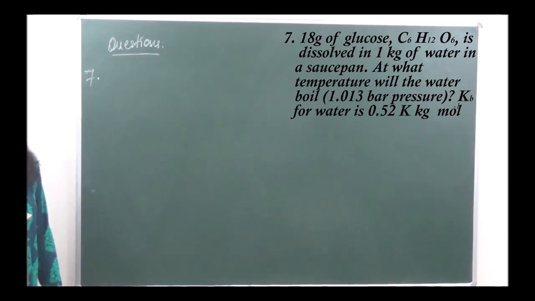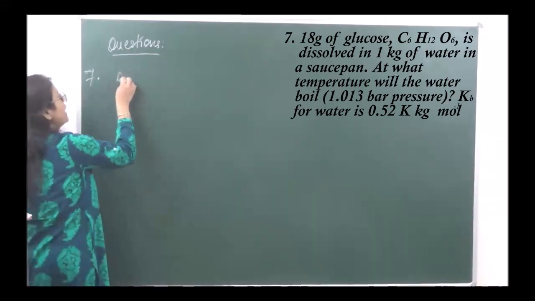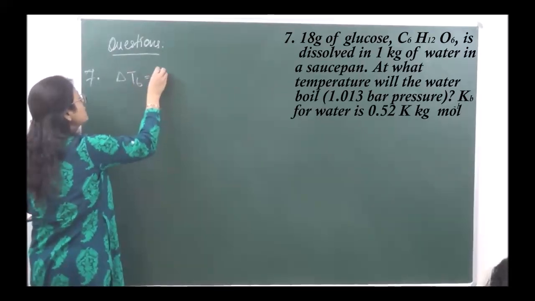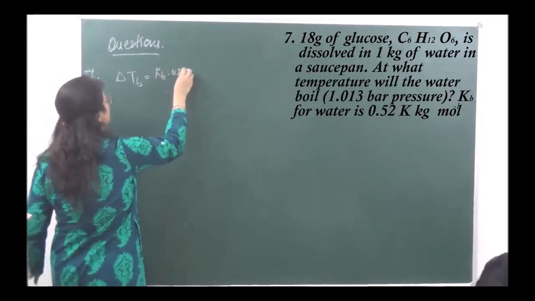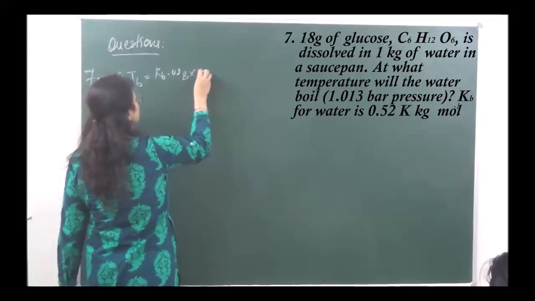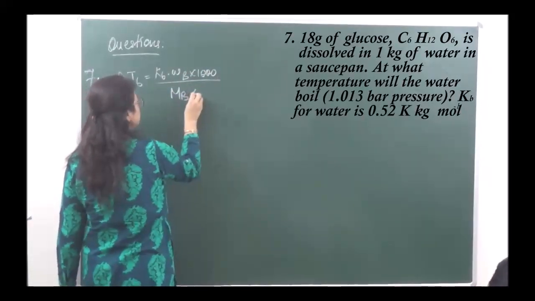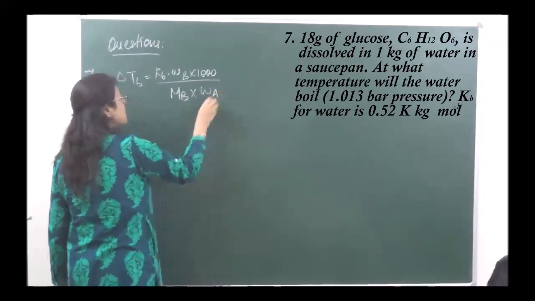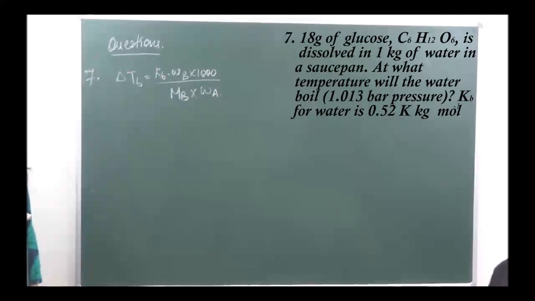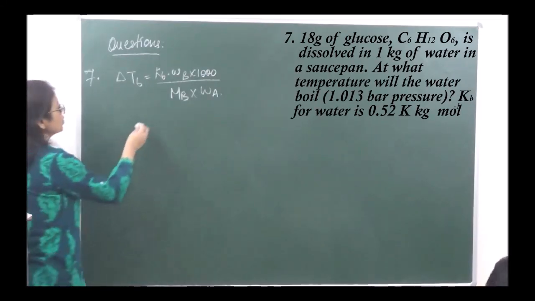Pressure has been given as 1.013 bar and Kb for water is 0.52. Okay, let's apply the formula. We have delta Tb equal to Kb into... this is our formula, right? Kb given to us in the question is how much? 0.52.